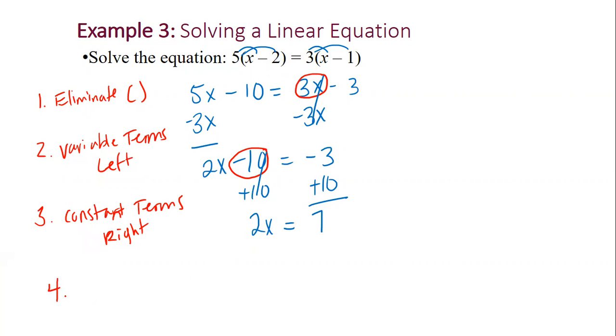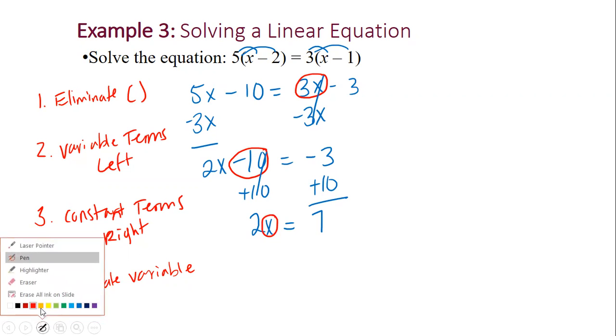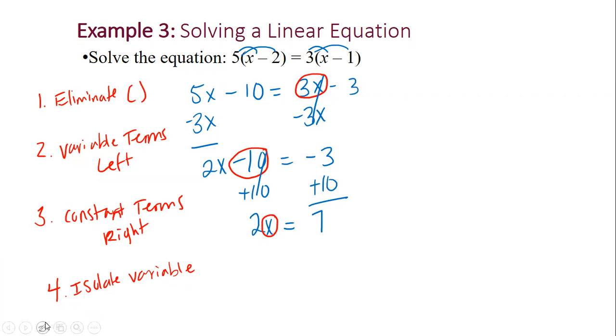My next step is to either multiply or divide because I need to isolate the variable. So in this case, what do I need to do to get x by itself? Divide. And what I do to one side, I do to the other.